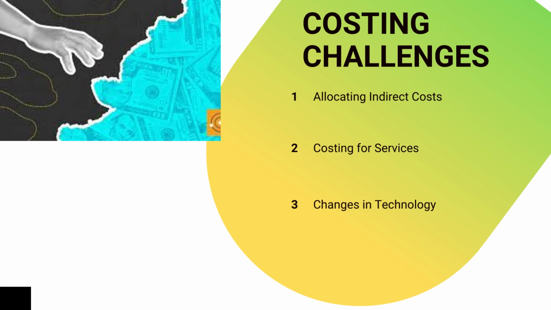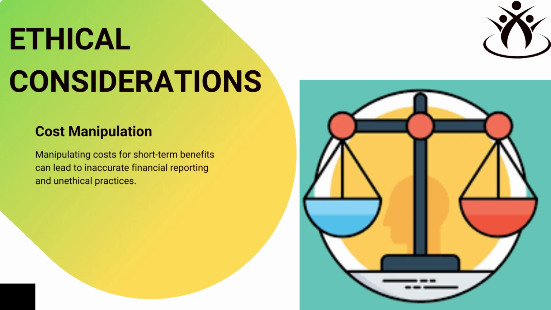Then there is change in technology. Technological advancements can impact cost structures and allocation methods. So anytime there is a change, anytime you realize there is maybe an inflation or something, you have to go back to adjusting your costs again. So these are the challenges that you'll mainly encounter in your business while doing the costing.